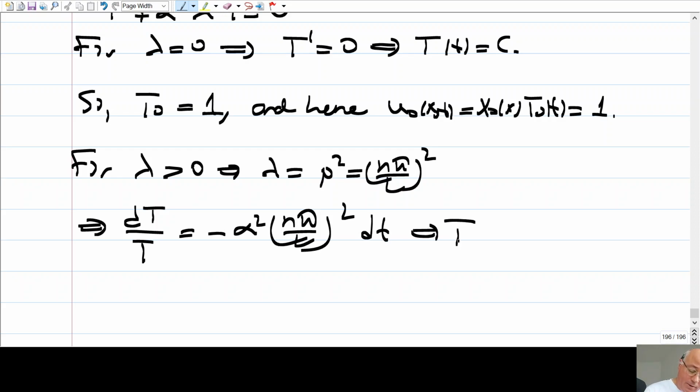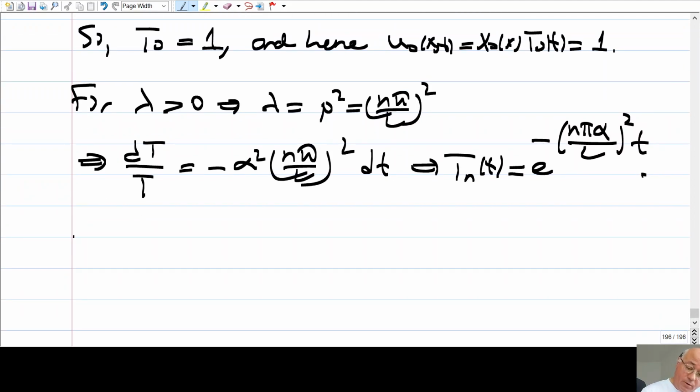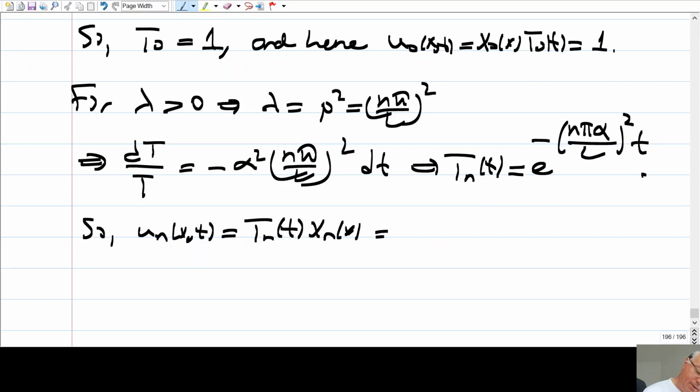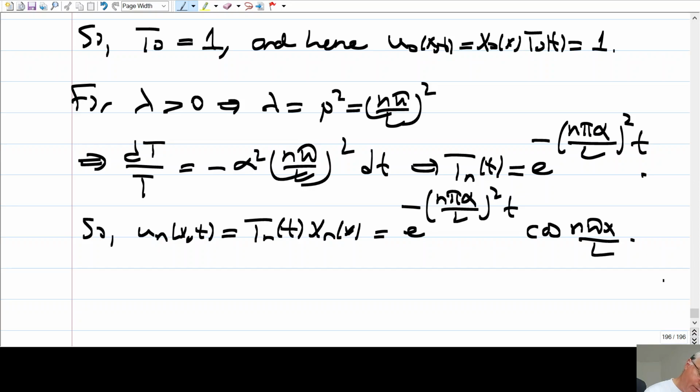And from this again, T_n of t is just, as usual, e to the power minus n pi alpha over L squared t. So u_n(x,t) is just T_n(t) times X_n(x), and that is just e to the power minus n pi alpha over L squared t times cosine n pi x over L.